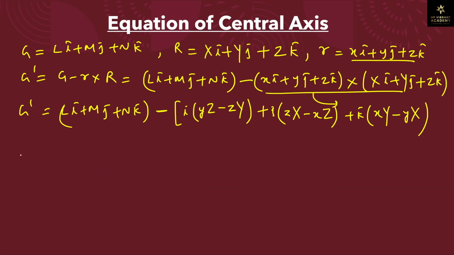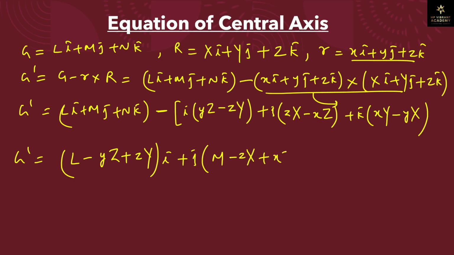So G dash is equal to (L minus y capital Z plus z capital Y) i cap plus (M minus z capital X plus x capital Z) j cap plus (N minus x capital Y plus y capital X) k cap.